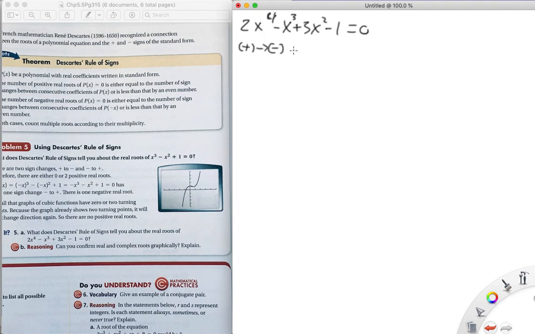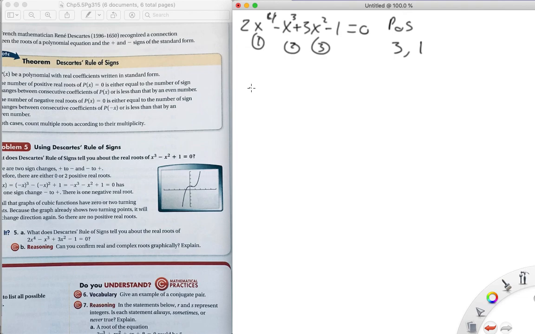Here I got negative to positive. I'll just right here. I have 1. I have negative to positive, so I have 2. And I have positive to negative, so I have 3. So I can have either, for positive roots, I can have either 3 or 3 minus 2, which is 1. So I can have either 3 or 1 positive roots.